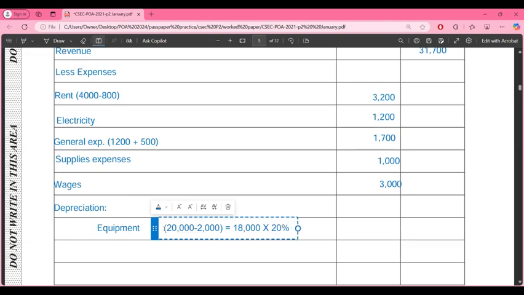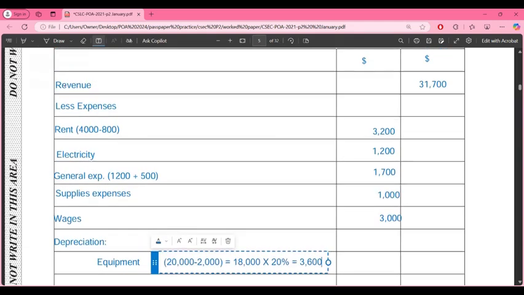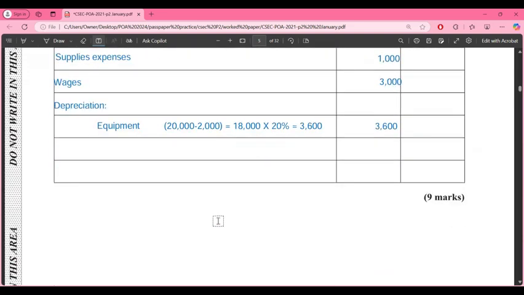So what we'll do, we'll find 20% of that, and that will give us $3,600. That is your depreciation expense for the year for your equipment.